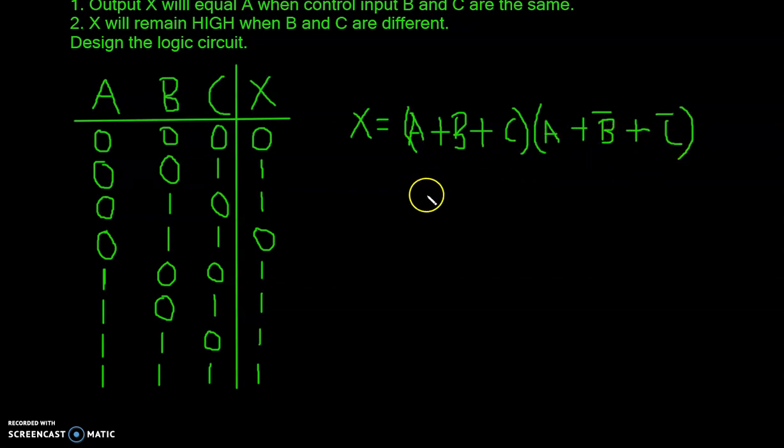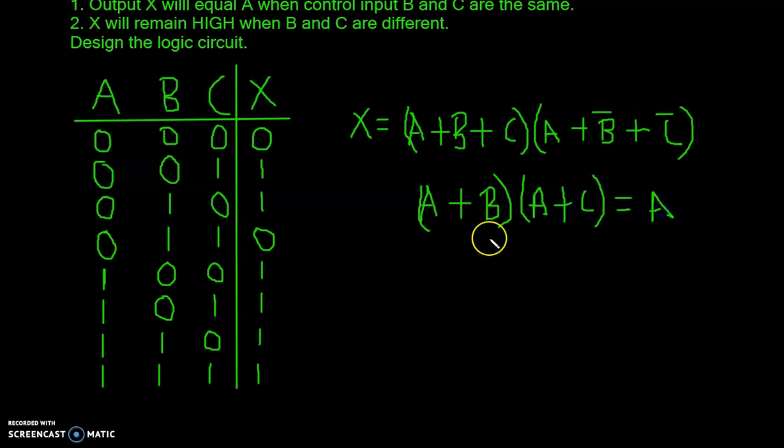Now as you can see, we have this identity. A plus B and A plus C, sorry, A or B and A or C is equal to A or BC.